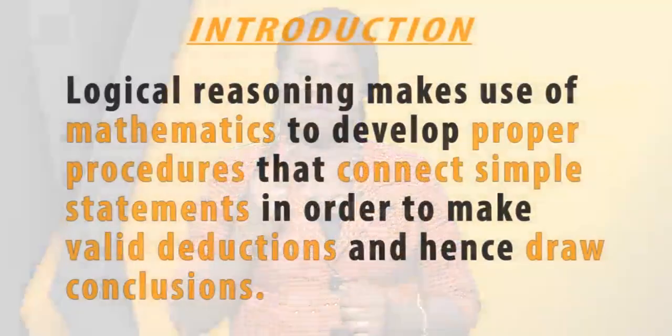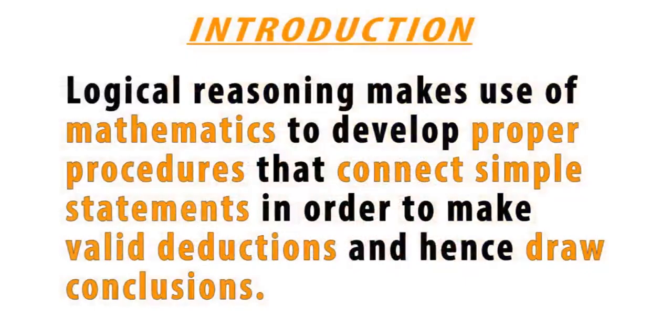Now, let us ask ourselves, what is logical reasoning? Logical reasoning makes use of mathematics to develop proper procedures that connect simple statements in order to make valid deductions and hence draw conclusions.